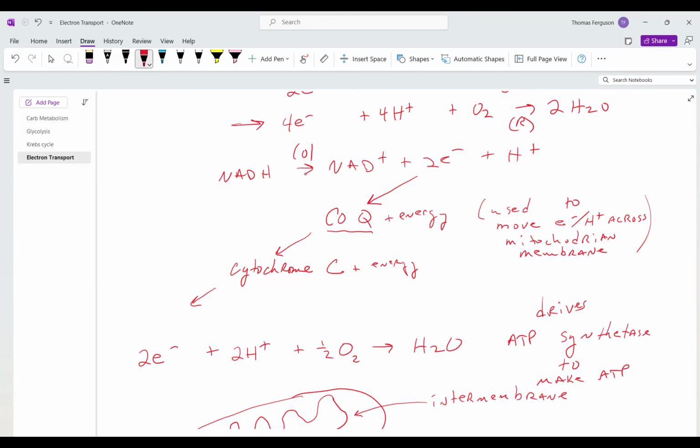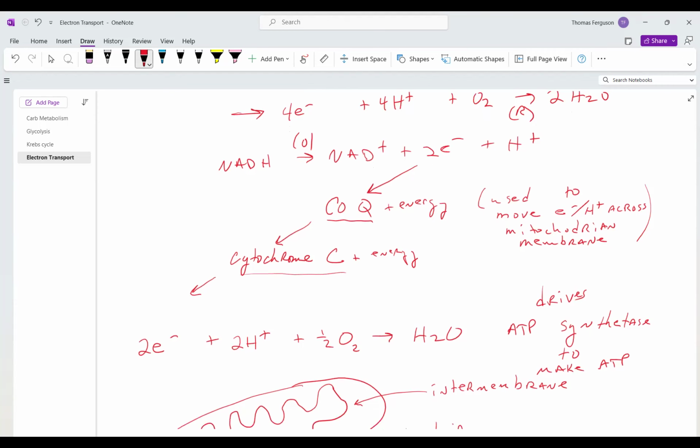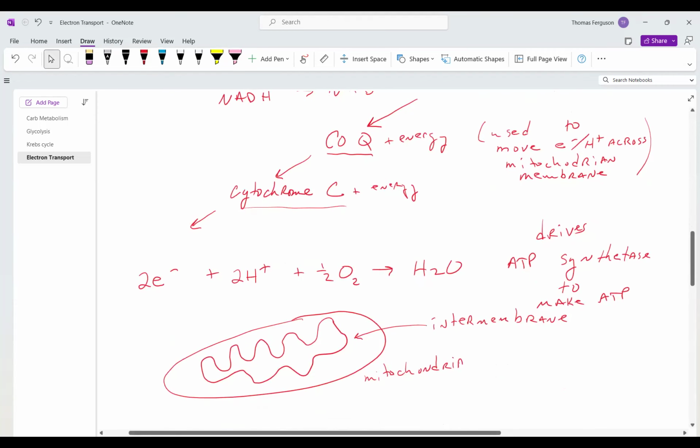And we use that energy to move the electrons and hydrogen ions across the inner membrane of the mitochondria. I'm going to show you that in a minute. And then they move to the cytochrome C. And then we end up reducing oxygen to water.